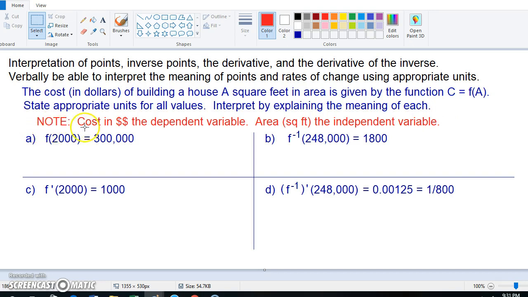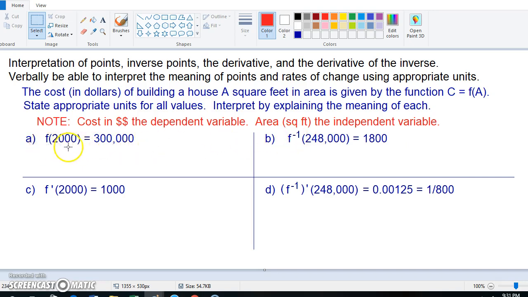So I have a note here that says cost is in dollars, and our cost in dollars is the dependent variable. Area in square feet is the independent variable. Let's take a look at units for each of these four equations that are written here.